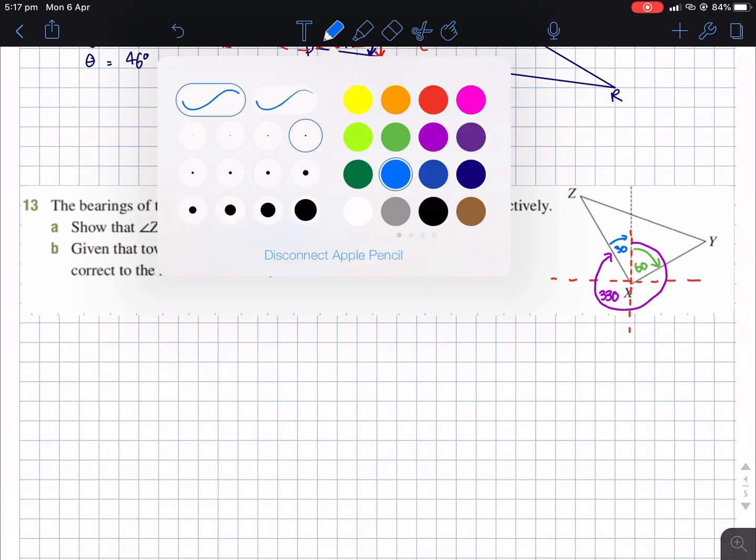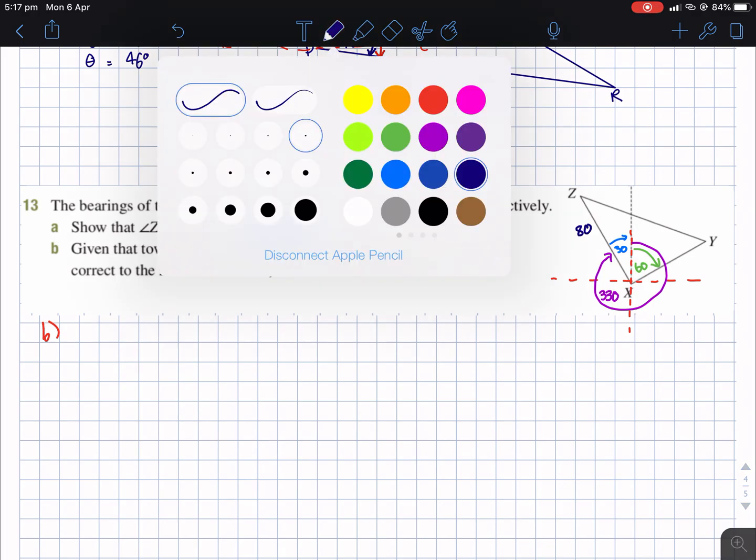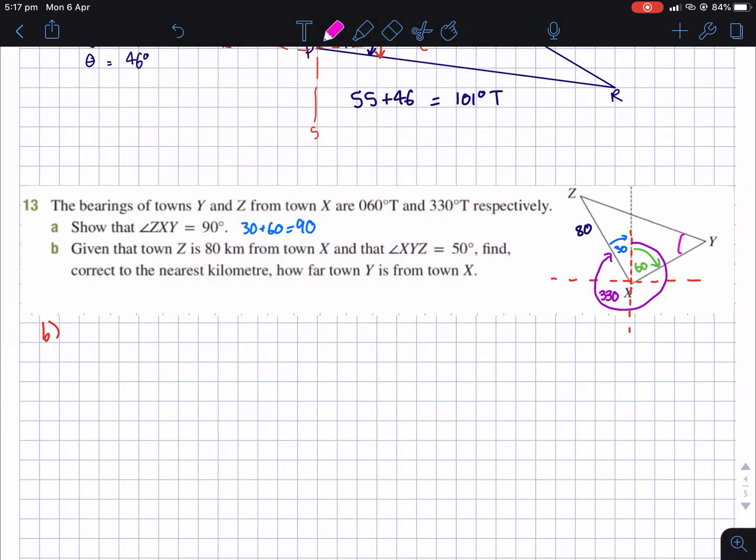So 30 plus 60 equals 90. Nice. Okay, question B. Given that town Z is 80 k's from town X, so this is 80, and X, Y, Z is 50. So what they're saying there is that this angle here is 50.